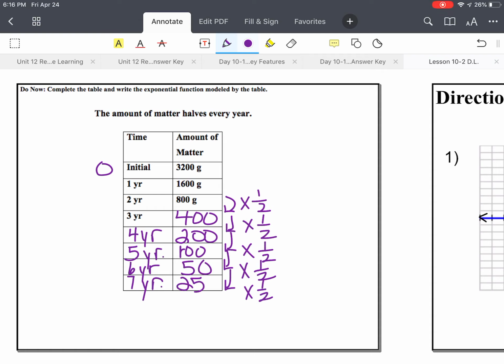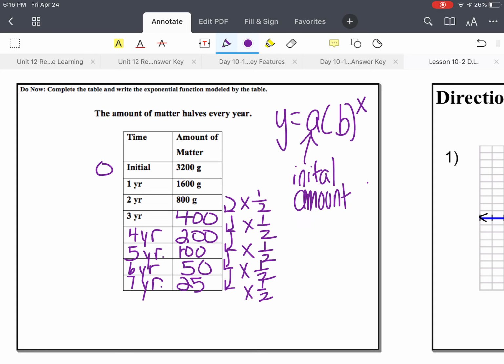Okay, now I know it doesn't say, but I'd like us to write the equation. So this is a new skill, but we did talk about the equations of exponentials yesterday, and we talked about them being in this form, where A is your initial amount, or your y-intercept, that's the same thing, and B is your multiplying factor.